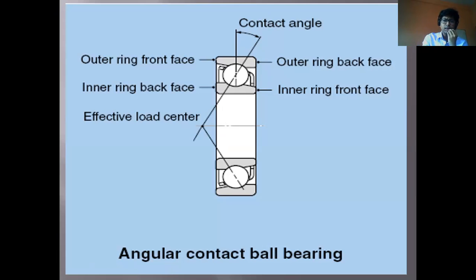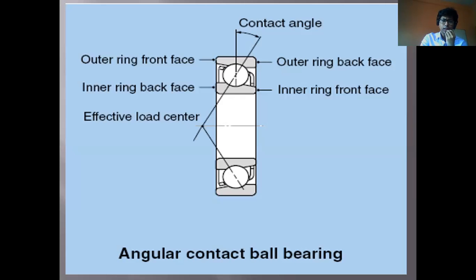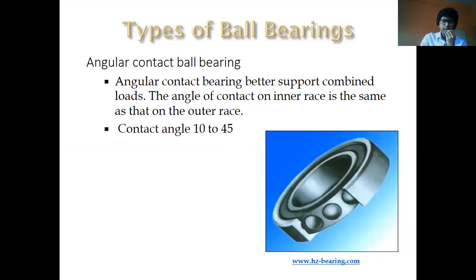You will see that both the outer ring as well as the inner ring have some inclinations. This contact angle may be between 10 to 45 degrees depending on the application. Otherwise, with more than 45 there will be chances of sliding, and the life of the bearing material will be reduced.